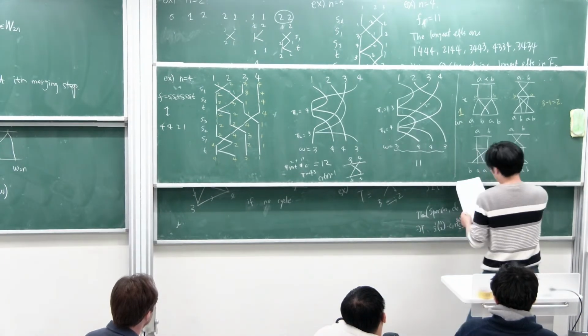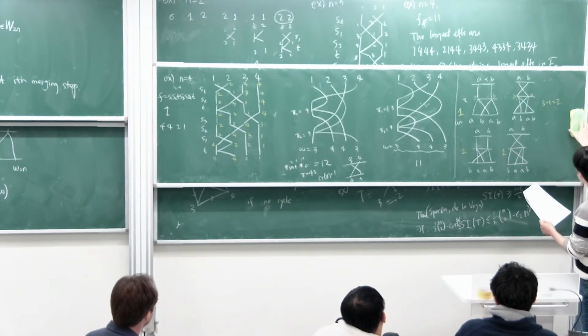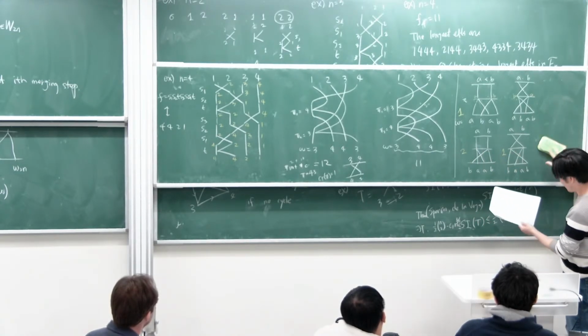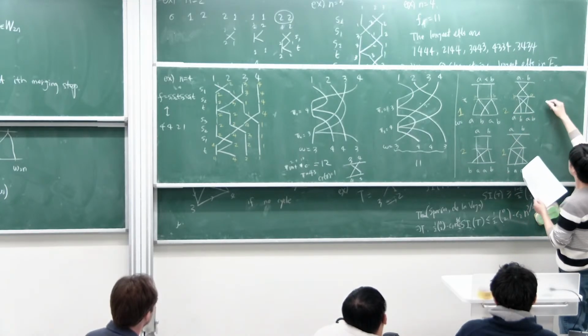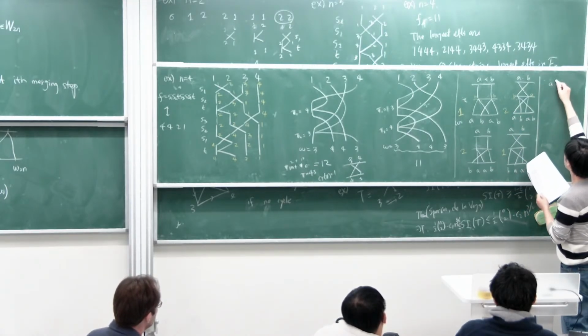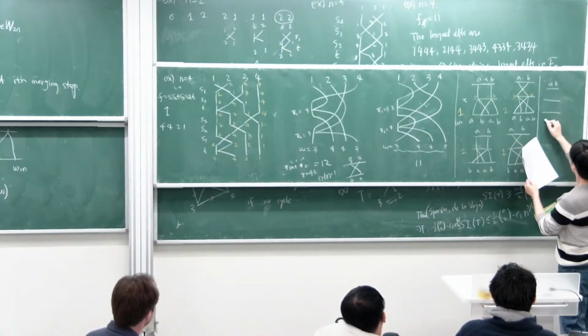maybe here if you compute this, this is 2 and 1. Maybe I'll have to draw at least one more, just to compare. But some other things like AB, like a PABA.